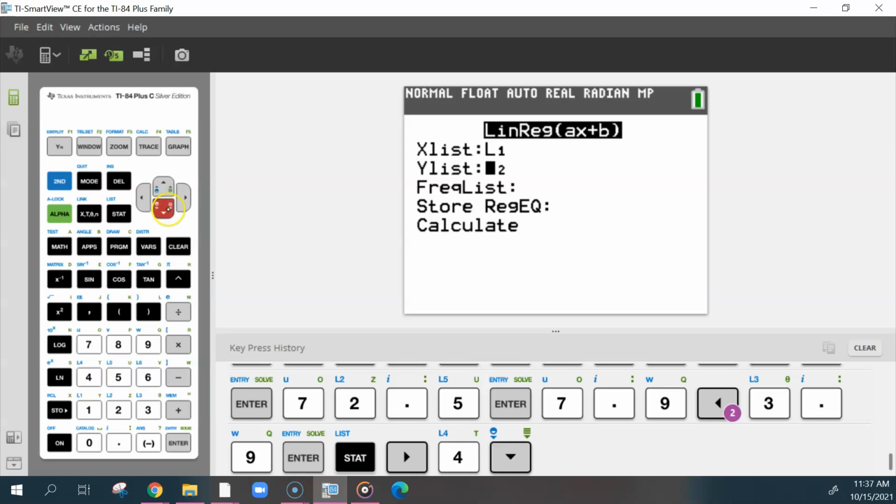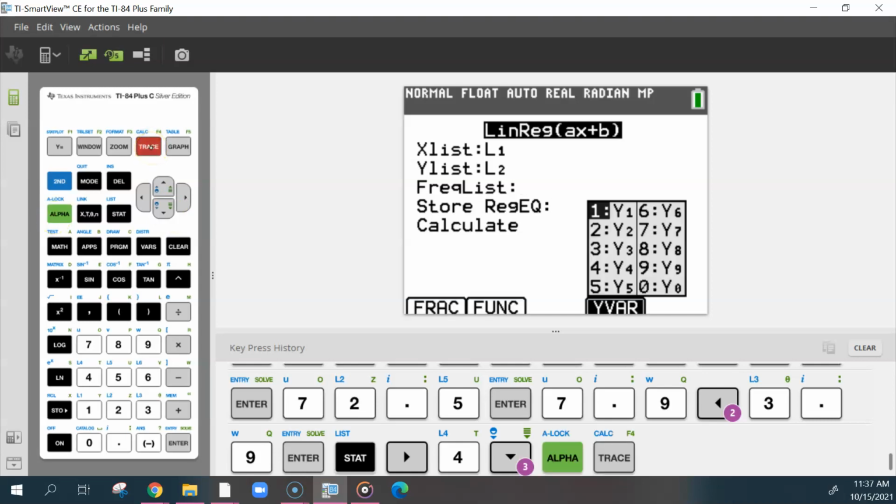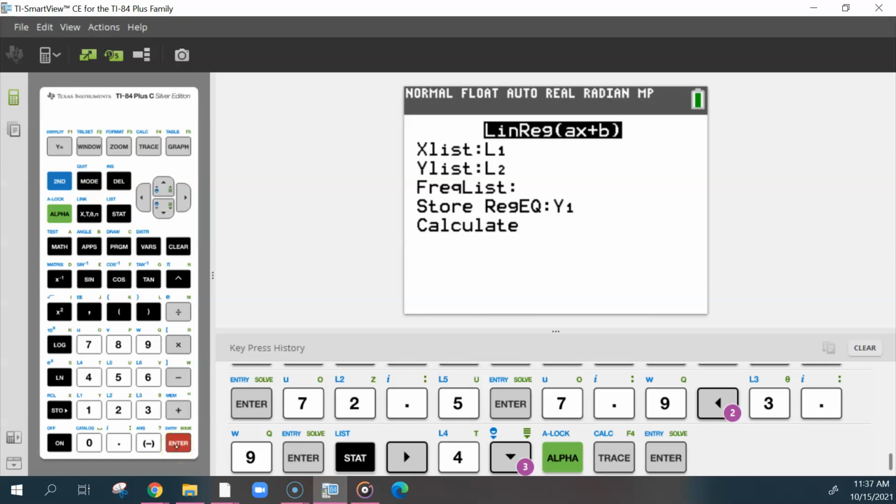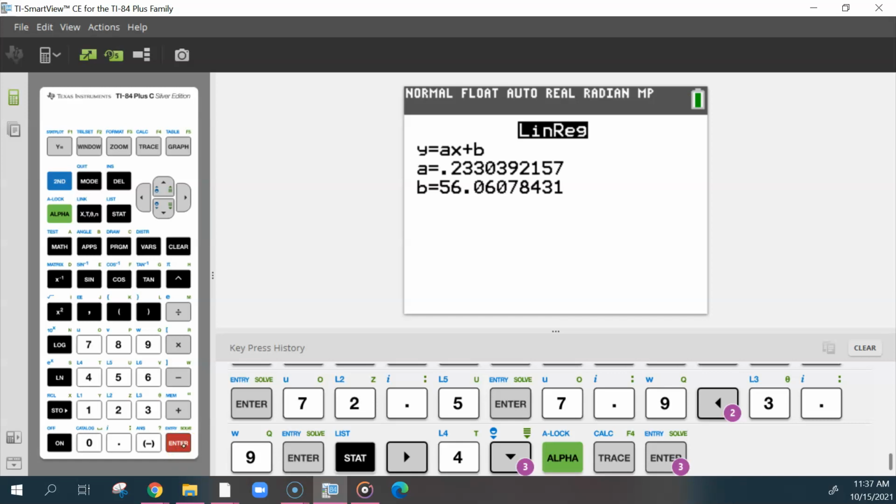Scroll down to store regression equation. Hit alpha trace. Wherever you want to store this, select it. I always put it in the first one, so I hit enter. And then enter again and again. And you should get something that looks like this.